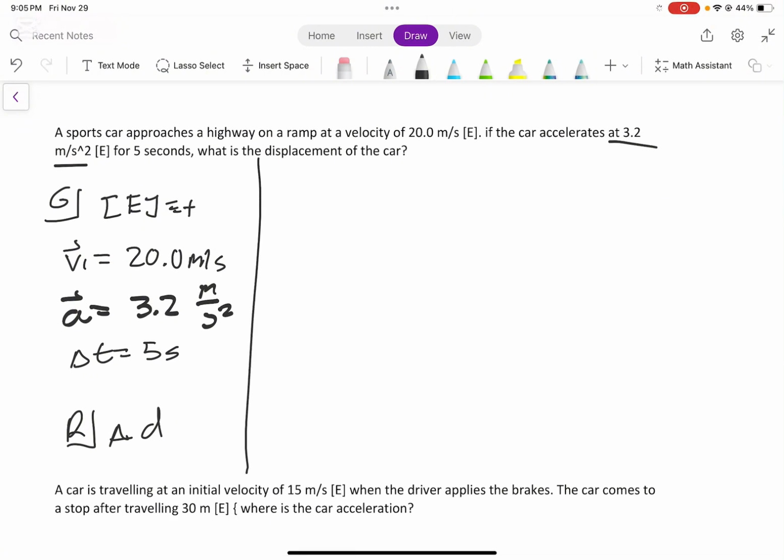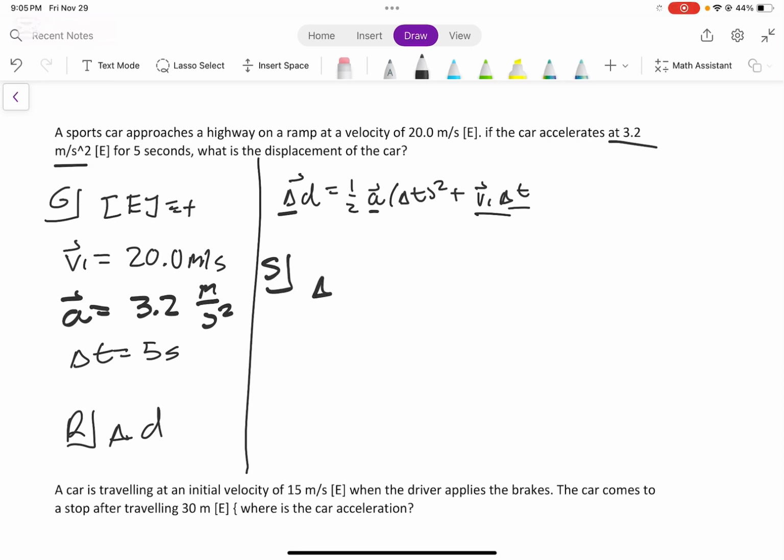So delta d is equal to 1/2 a delta t squared plus v1 delta t. In this question, we have v1, so that's good. We have delta t, which is also good. And we have the acceleration, which is all the things we need for delta d. So this one goes pretty easily.